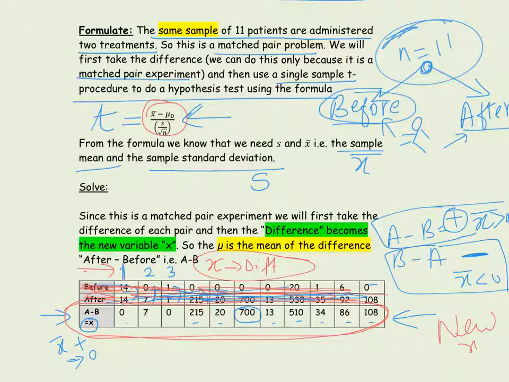T equals x bar minus mu naught divided by s over radical n. Now we know that x bar and s are the sample mean and the sample standard deviation of our new variable x, which is the difference. So all the numbers that you need to enter into your calculator are these. Enter these numbers into your calculator to find x bar and s.